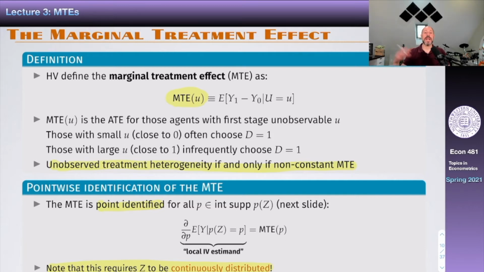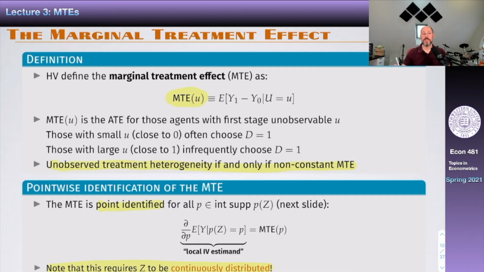So we're going to have a variety of effects. And actually, what we're going to see in a minute is that we can write most parameters that we typically care about, including the LATE, as a function of the marginal treatment effect. So the marginal treatment effect gives you, in a way, you can say everything. But to get a nice identification of the marginal treatment effect, you need a really nice instrument.